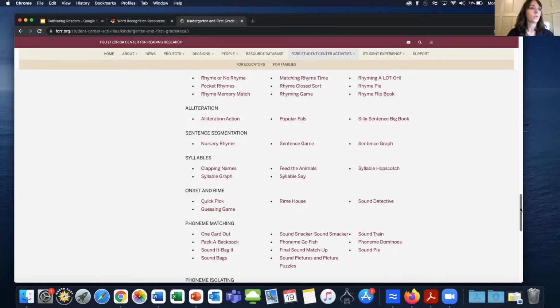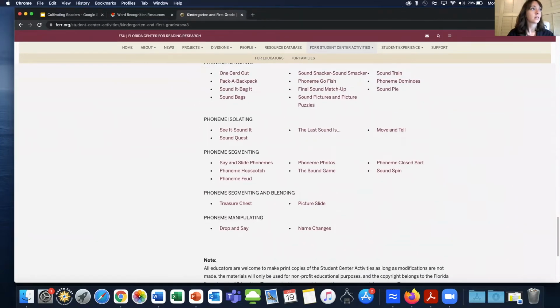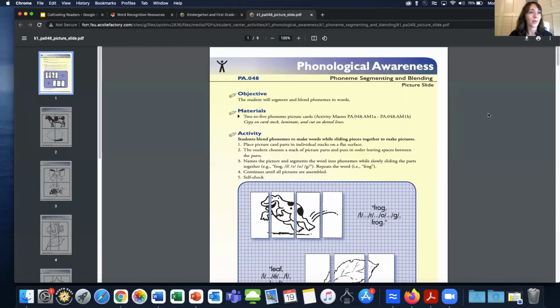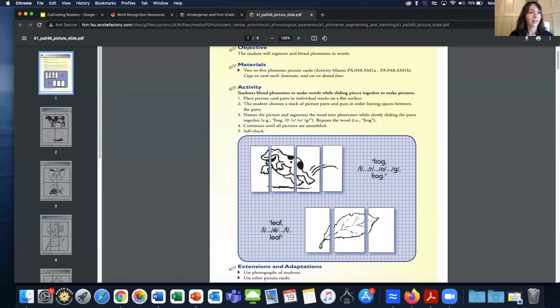And you can scroll down and see that they actually have segmenting, blending, and you can pick one of these just to show you what it looks like. But it's just a game you can print out. And this is a good example since we used frog. Frog has 4 sounds. It's just a blending and segmenting game.